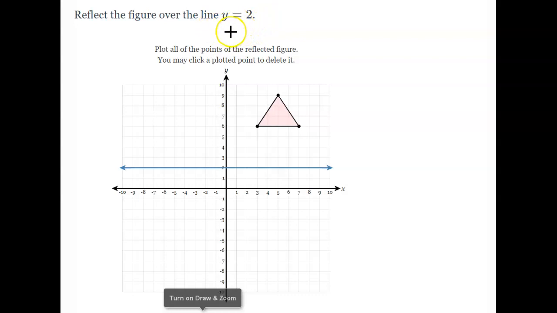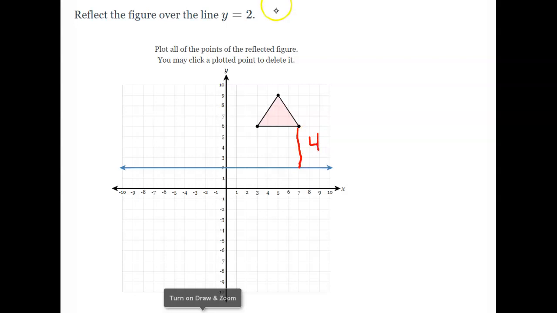All right, so if we want to reflect that over this line, we do the same thing that we did before. We look to see how far the image is from the line. We're talking about the line at y equals 2. So this image is 1, 2, 3, 4 units up from the y equals 2 line.